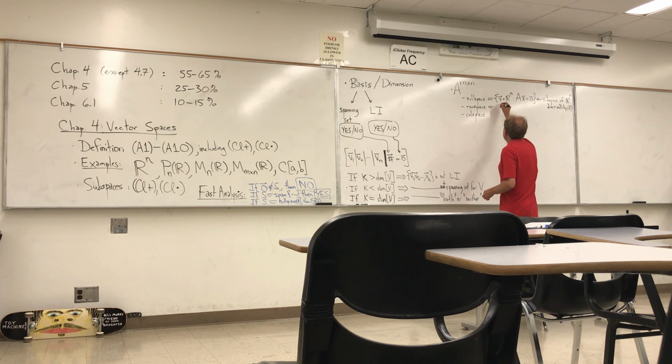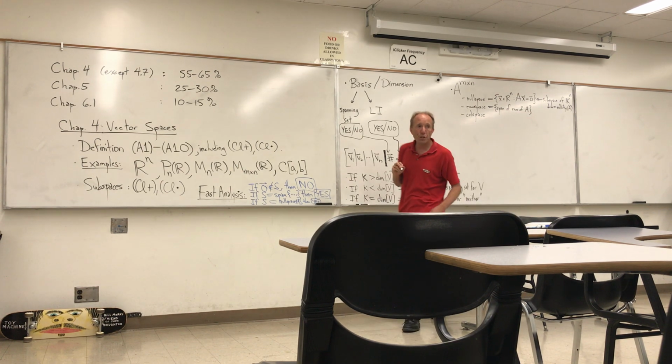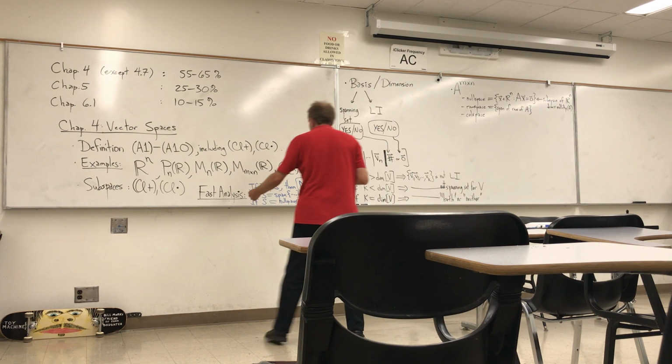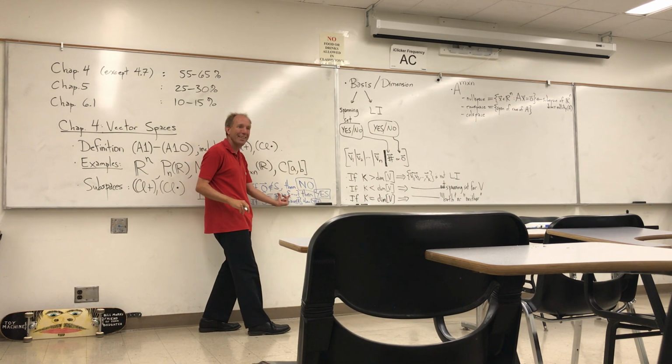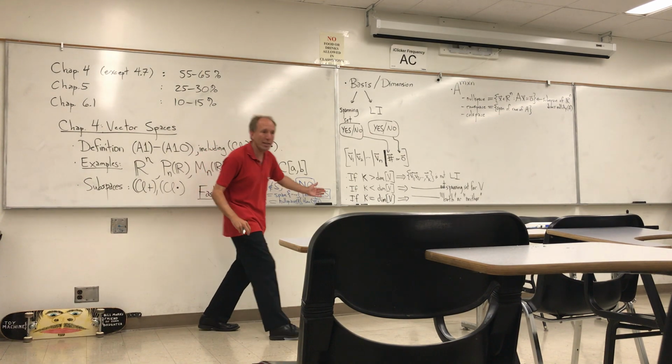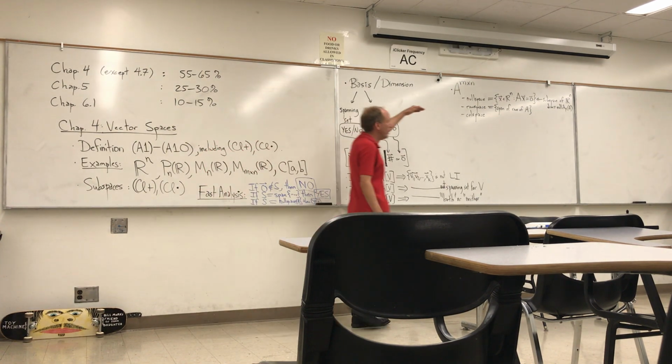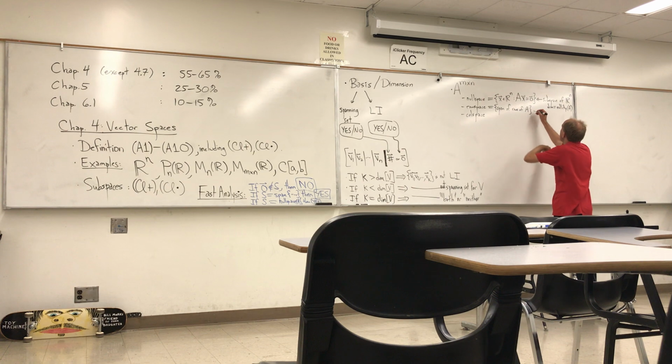The row space is the span of the rows of A. You're taking the span of the rows of A. Remember, if you take the span of anything, you always get a subspace. So this is a subspace. This one is also a subspace of Rn.